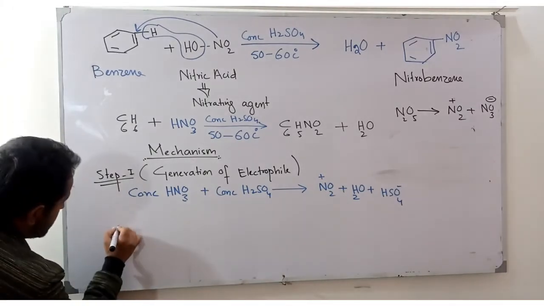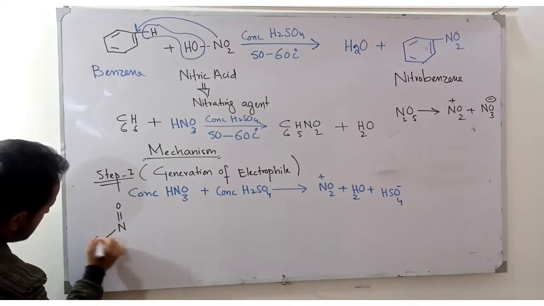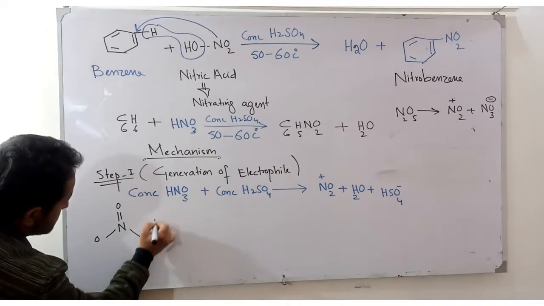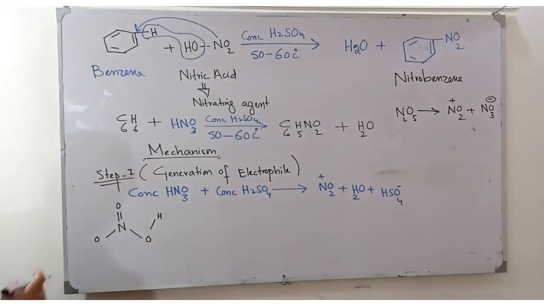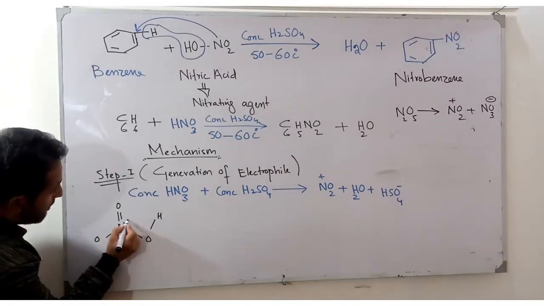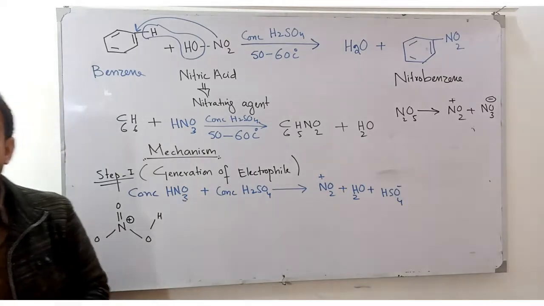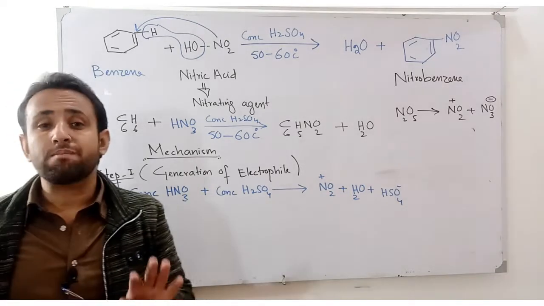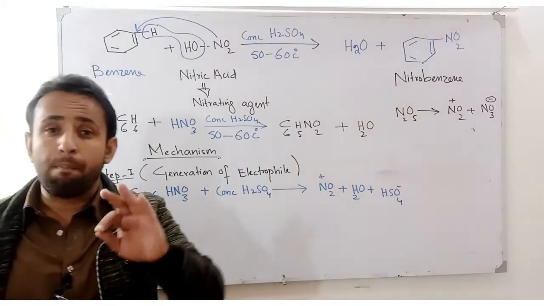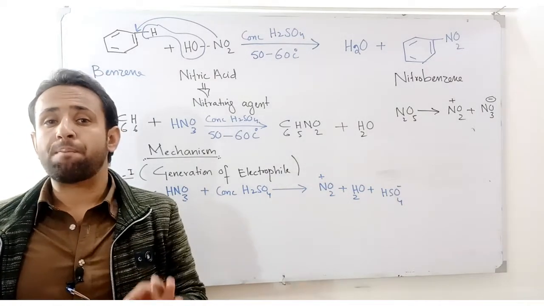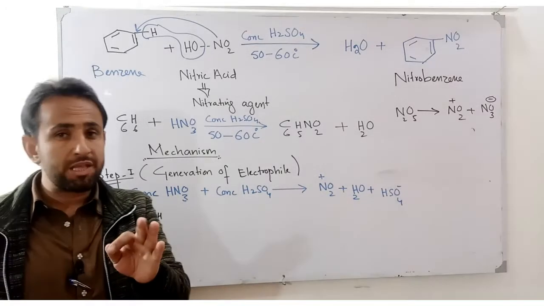Look at this. Suppose this is nitric acid. This is the structure of nitric acid. Here a positive charge comes on the nitrogen atom. Why? You know, generally nitrogen forms three bonds. Whenever nitrogen forms a fourth bond with the help of its lone pair, there will always be a positive charge on the nitrogen atom.